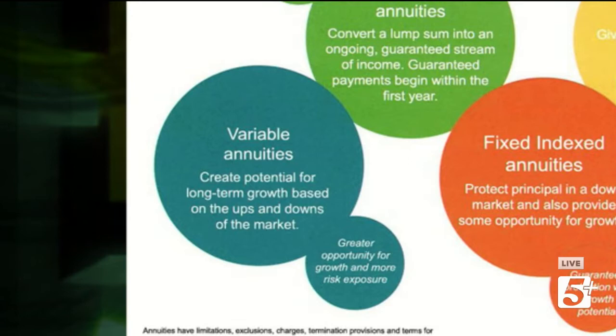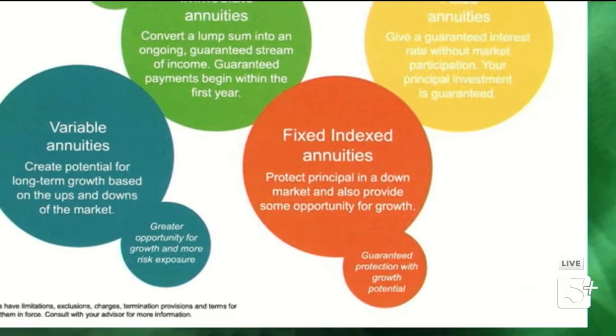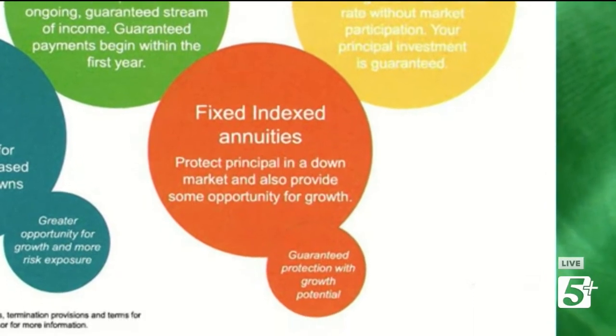Fixed index annuities. These are the ones that I use probably the most. Fixed index annuities protect your principal in a down market while providing some opportunity for growth. Guaranteed protection with growth potential. One of the things with fixed index annuities is, as I was sharing with the Athene product, the different indices. It used to be they were just tied to the S&P 500 index.